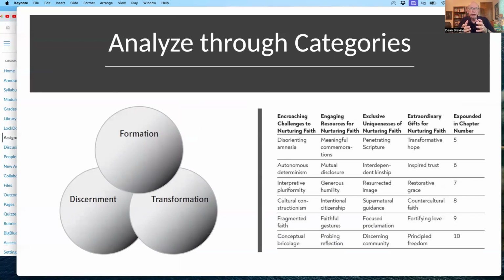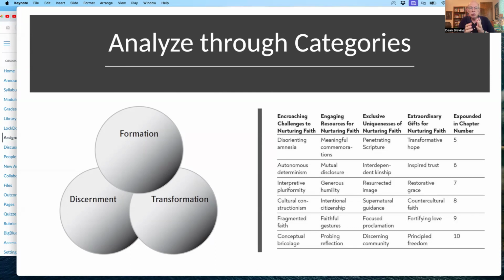This chart just shows how intentional they are in moving from a specific challenge that has emerged over and against the church to what they think is a resource within the activities of the life of the church, the uniqueness of what that contributes, and the giftedness that results from it. So they give you all that in a chart.